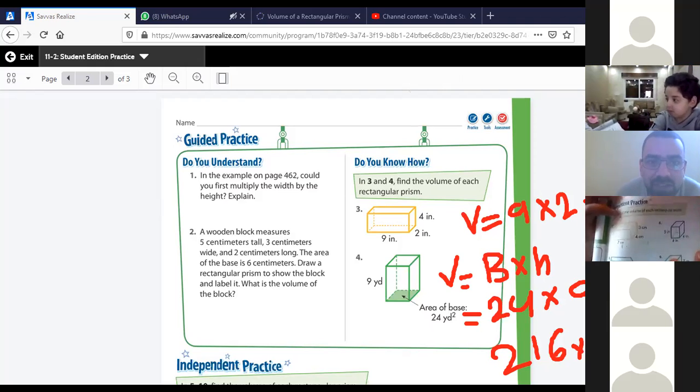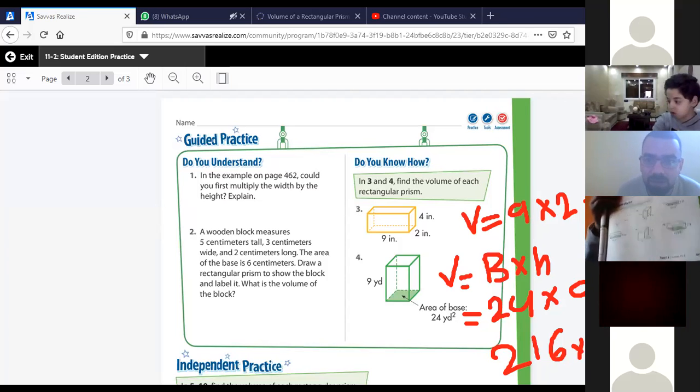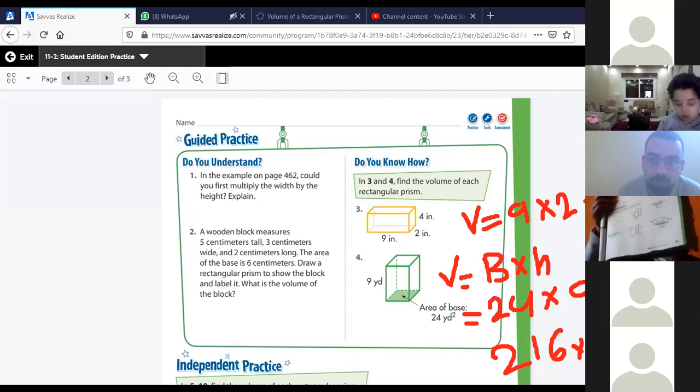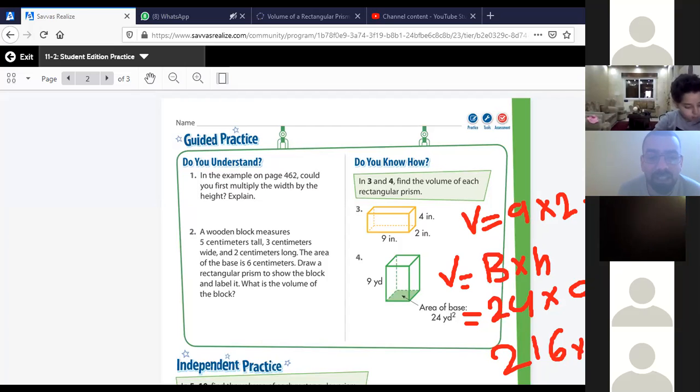We are on page 363, I guess, right? Farhana, excellent, but please, after the 84, put centimeter cubed. Page 463.